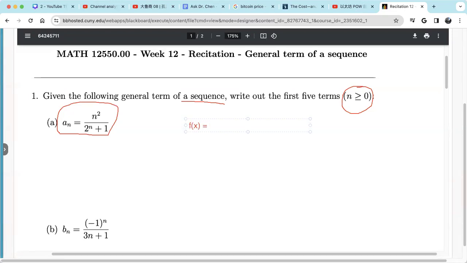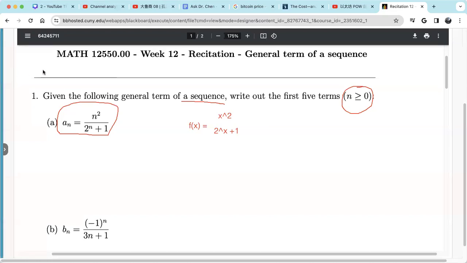F of x equals, for the numerator, we have x squared. The denominator, well, x squared is a quadratic function, the numerator, right? The denominator will have an exponential function, 2 raised to x plus 1.